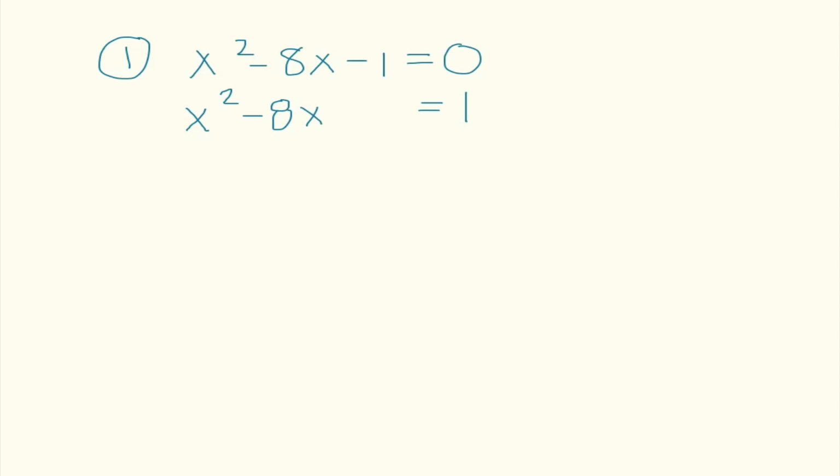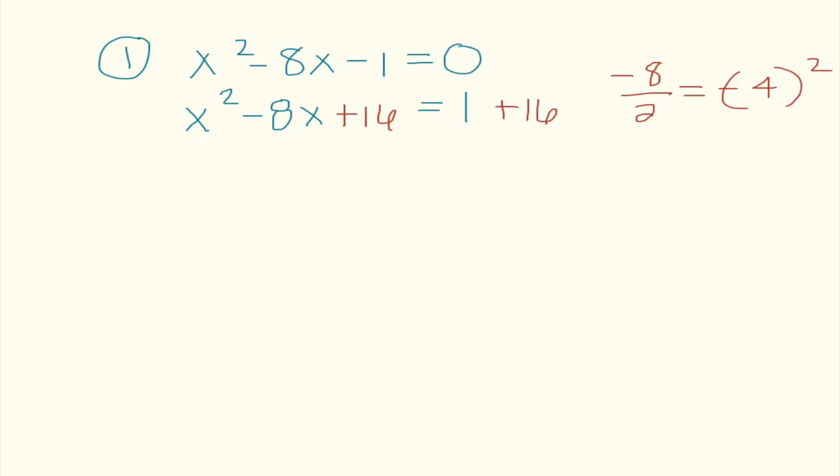Next thing we need to do is figure out what I should add to make this a perfect square trinomial. So I am taking our middle coefficient, which is -8. I'm going to divide it by 2 and square that. So I need to add 16 to both sides, because I know whatever I do to one side, I have to do to the other side.